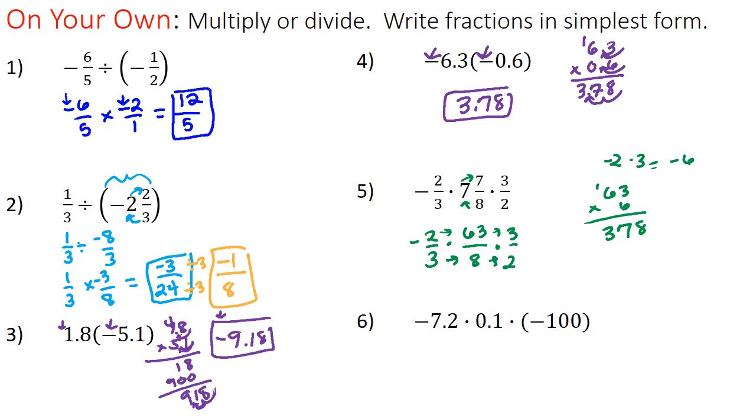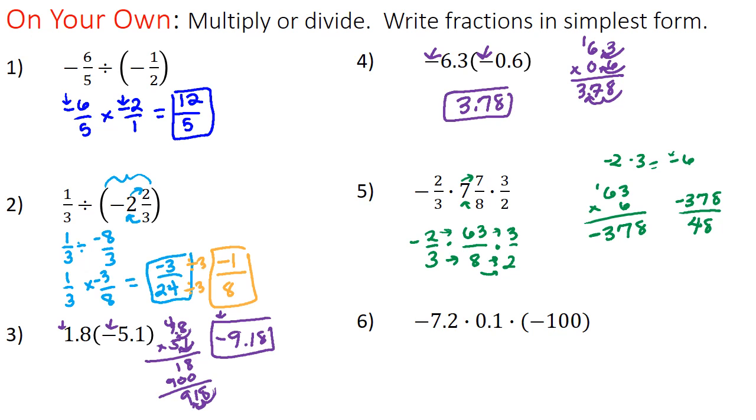So we have 378, and because it was a negative times a positive, that means this is going to be a negative 378. And on the bottom we are going to be doing 3 times 8, which is 24, and 24 times 2, which is going to be 48. So we're ending up with a negative 378 all over 48.